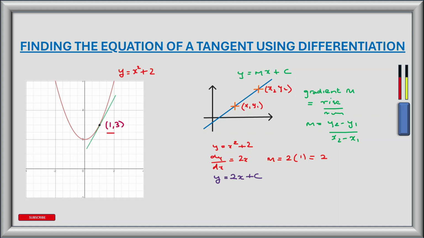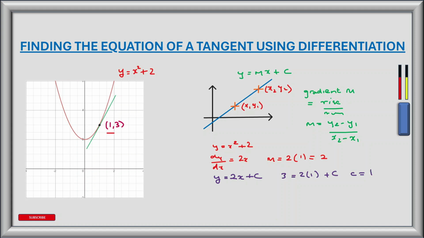So x is 1 and y is 3. If we substitute the values of x equals 1 and y equals 3 into this equation, we can determine what the constant value is. So 3 equals 2 times 1 plus the constant c. If we solve this equation, c is equal to 1.